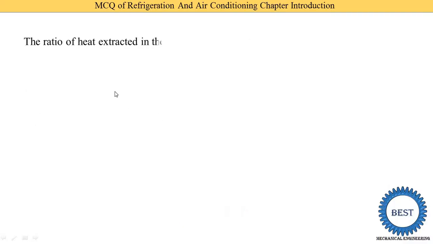Next, the ratio of heat extracted in the refrigerator, or heat removed from the refrigerator, to the work done on the refrigerator is called. In a refrigerator our output is the amount of heat removed from the refrigerator and our input is the work done supplied, meaning output upon input is given.